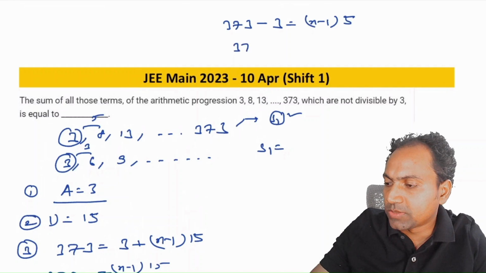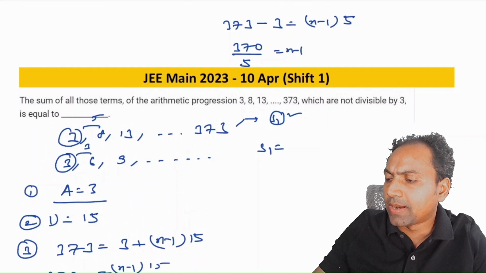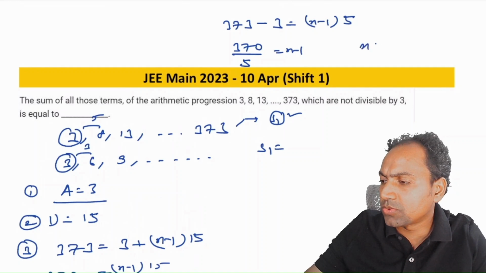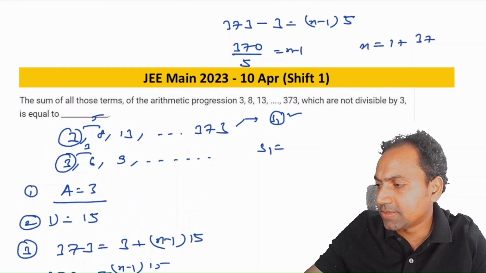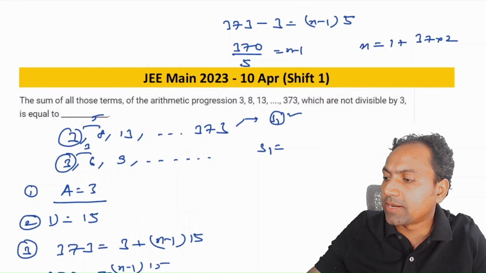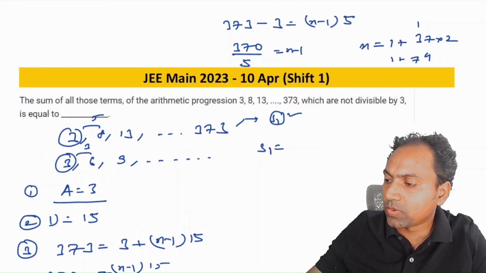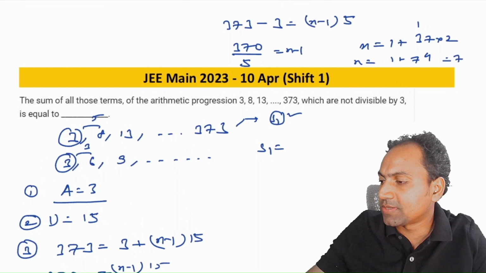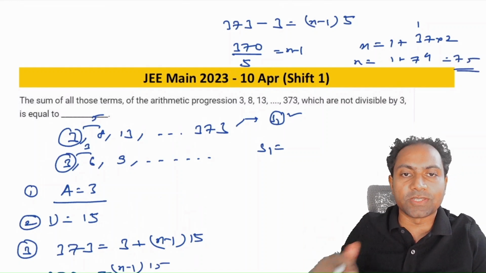And if I do this, it becomes 370 by 5 is equal to n minus 1. And this is nothing but 37 into 2. So n becomes 1 plus 37 into 2, that is 74 plus 1. So my n becomes nothing but 75. So there are 75 terms in this first series.